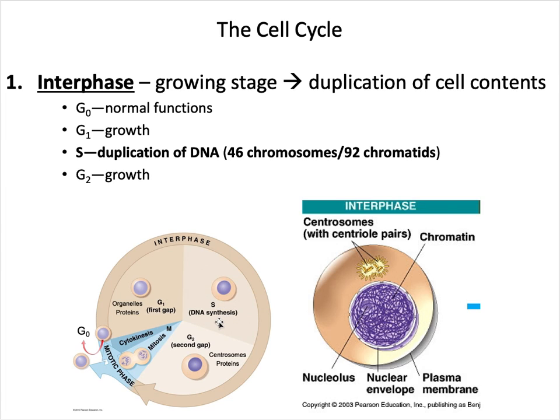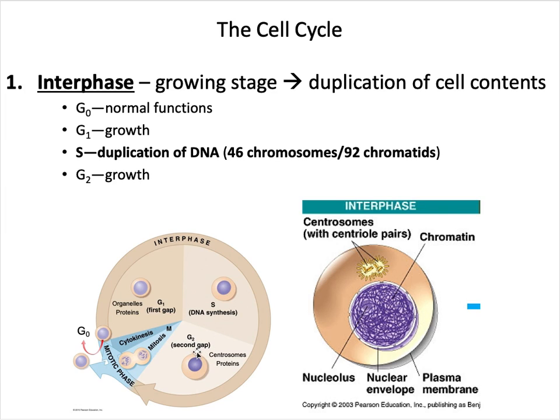And then here, S phase, or DNA synthesis phase, is when the DNA is replicating. So you'll have two sets: a complete set for one daughter cell and another complete set for the other daughter cell.